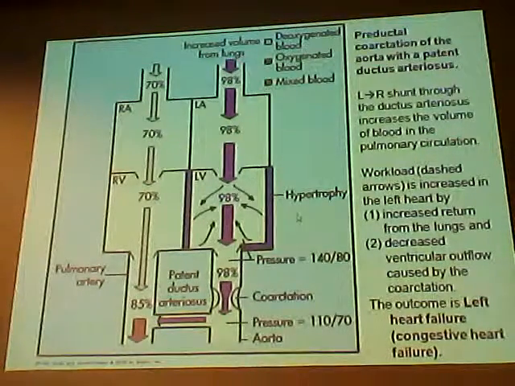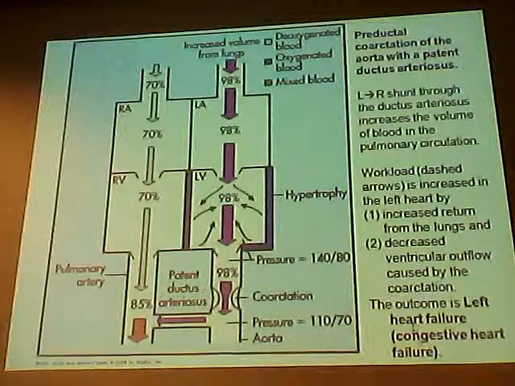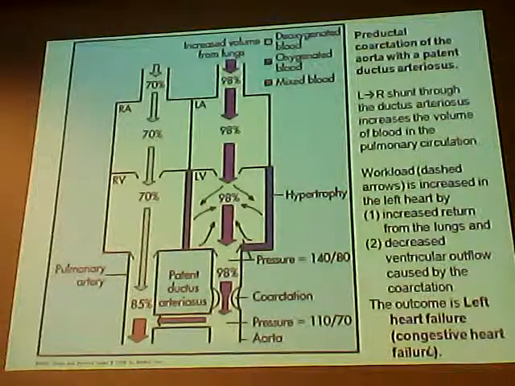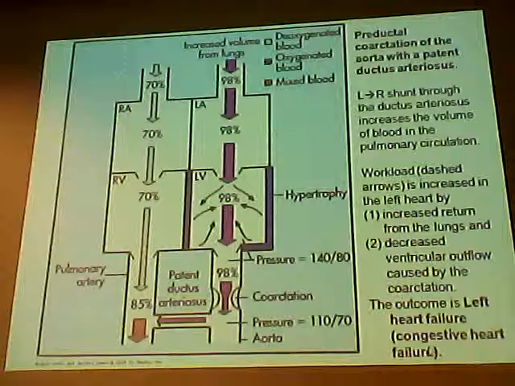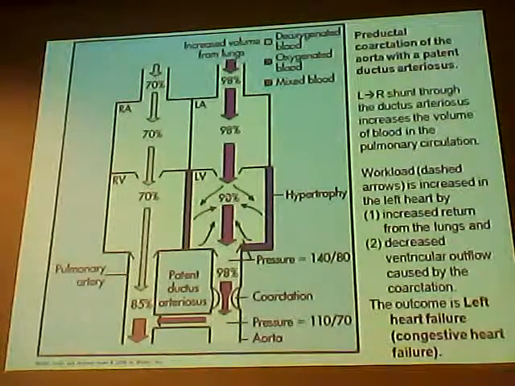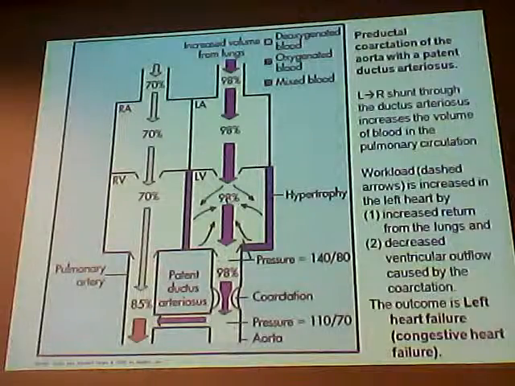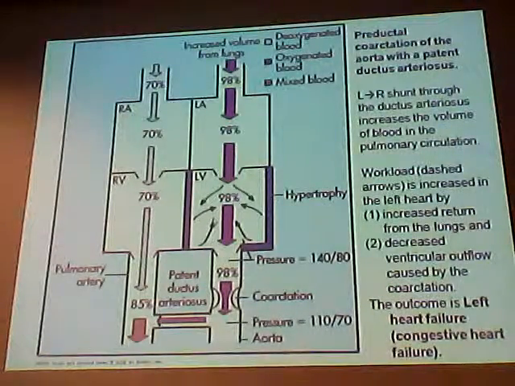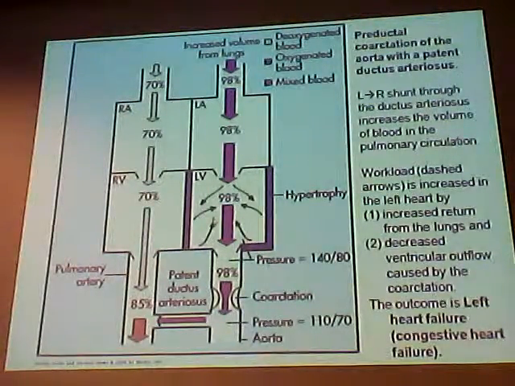And if you hypertrophy, the left side could end up failing, because of congestive heart failure, quote unquote. So there's increased return from the lungs and decreased ventricular output, so this has to work harder, but there's also more fluid, so it causes the left side to fail because it can't properly get it out.